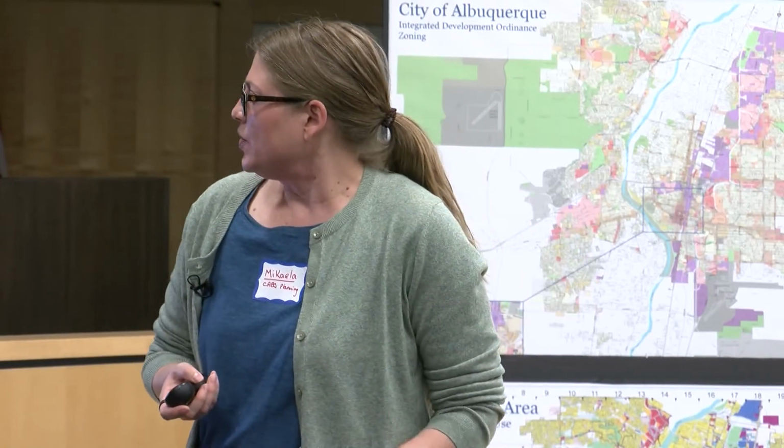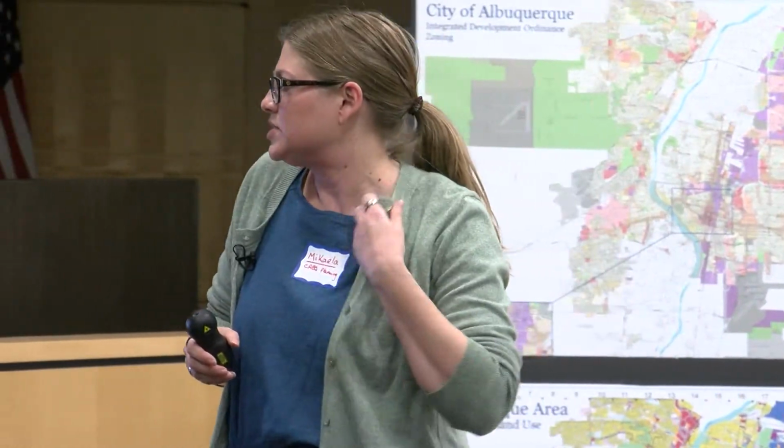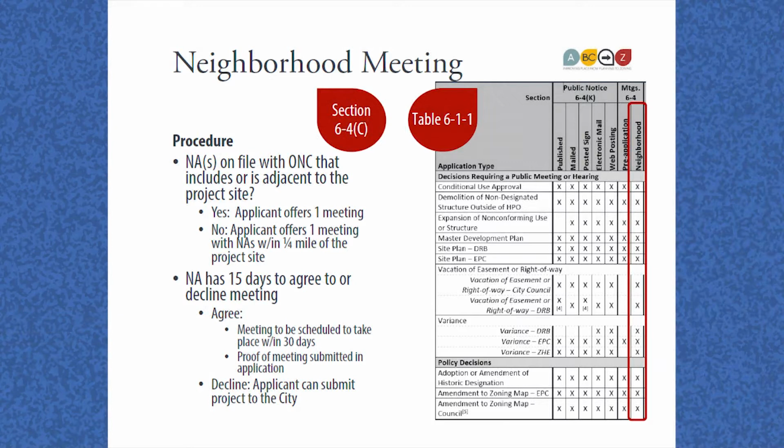Okay, in terms of the neighborhood meeting, just to outline how that's going to happen, the Integrated Development Ordinance does specify a timeline for all of these things. So first thing that happens is the applicant goes to the Office of Neighborhood Coordination and gets the list of neighborhood associations that either include the project site or are adjacent to it, meaning across the street.